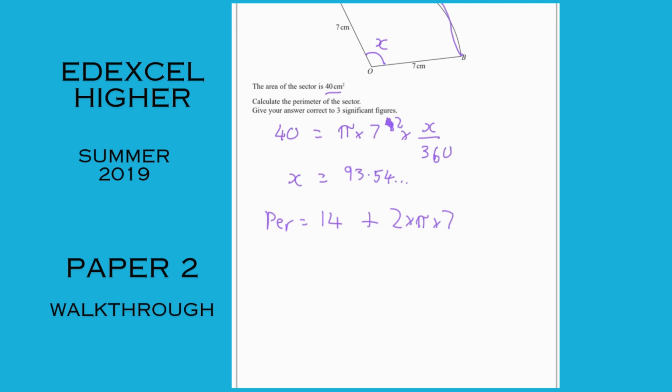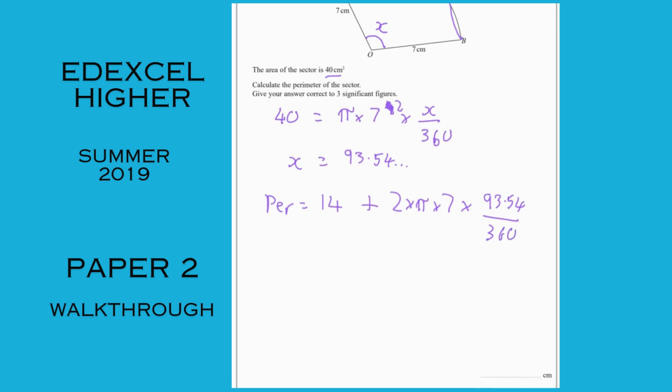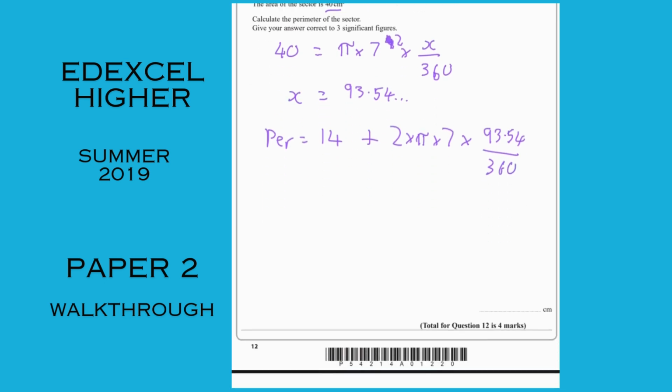That's the circumference of a circle, but we've got a fraction of a circle. We've got 93.54 360ths of a circle. And if you stick all that in your calc, I got 25.4285. They wanted 3 sig figs. It's 25.4.